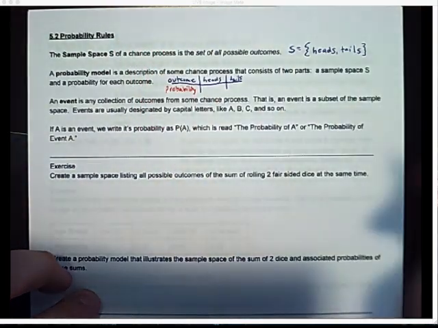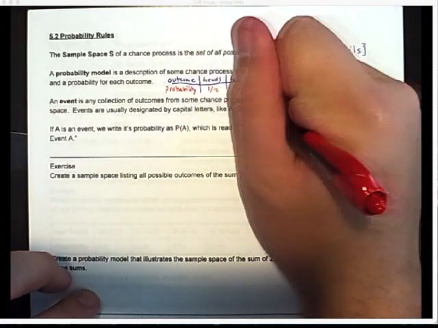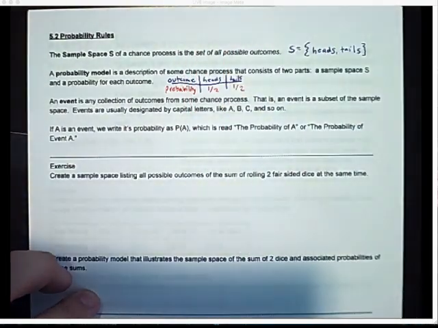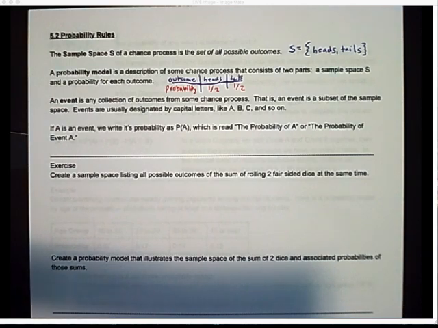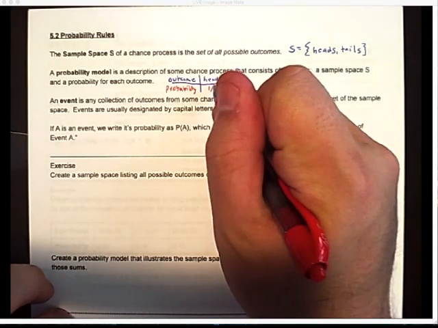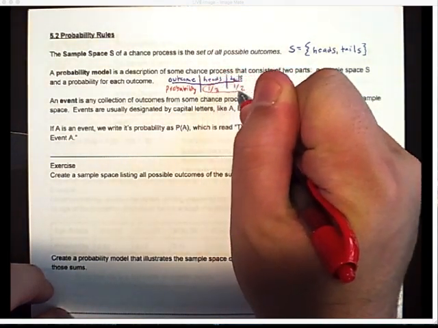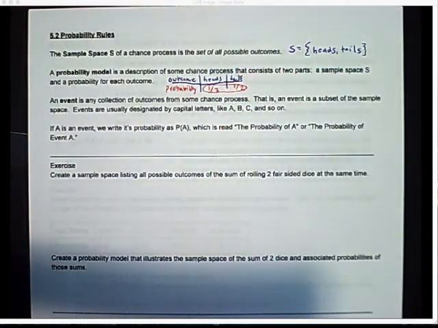Okay, the probability that I get a heads is 1/2. The probability I get a tails is 1/2. So that would be a probability model. Now what's important about probability models is the probabilities have to add up to 1. So 1/2 plus another 1/2 equals 1.